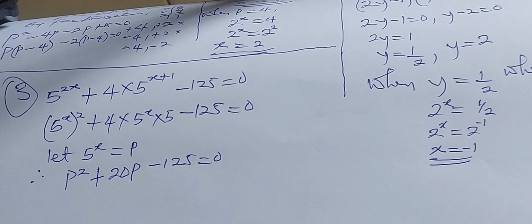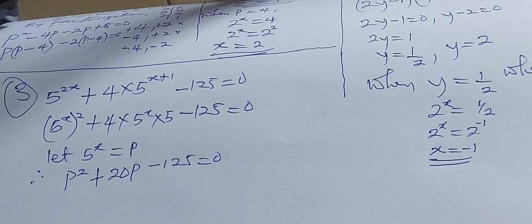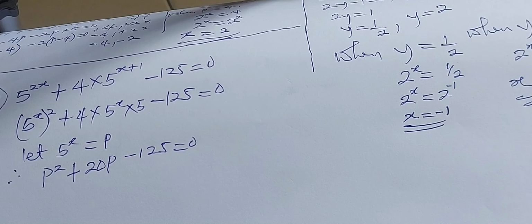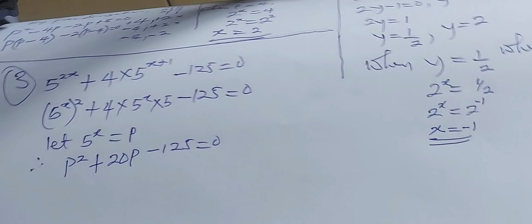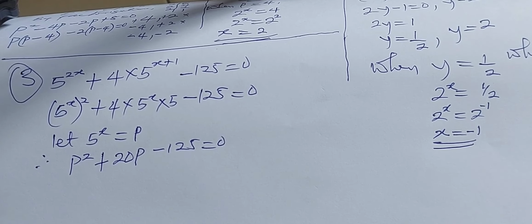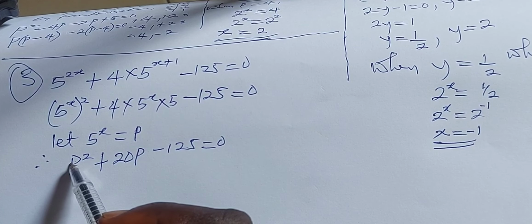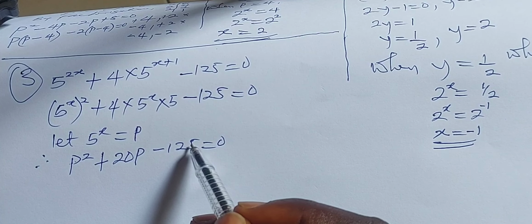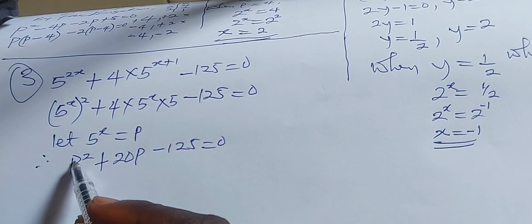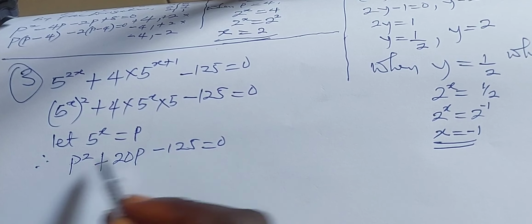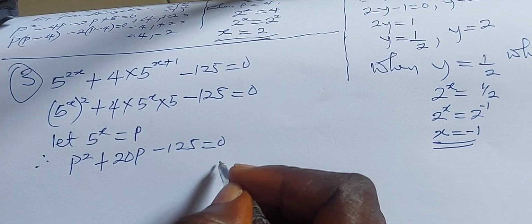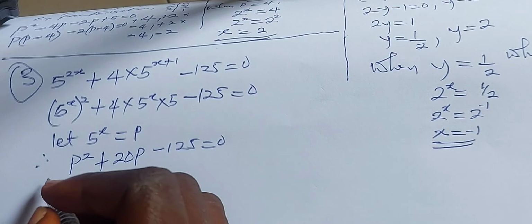So we now have a quadratic expression that we can factorize before we can solve for x. Like I told you before, what is the coefficient of p squared here? Multiply it by 125. The coefficient of p squared is 1, and 1 multiplied by 125 is still 125.